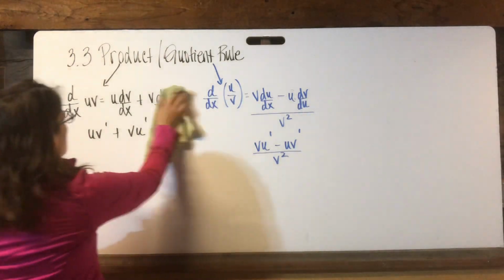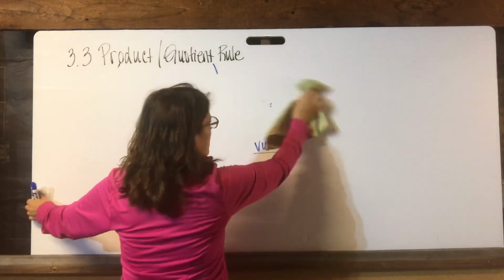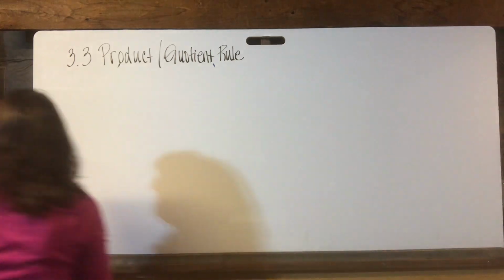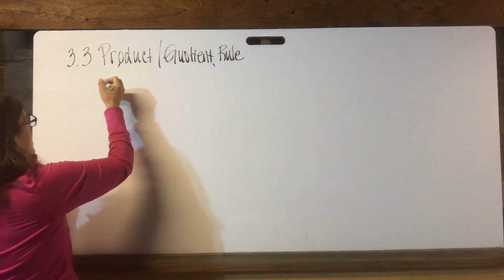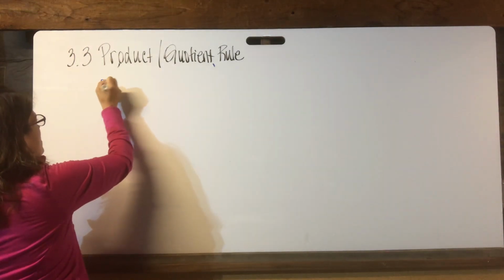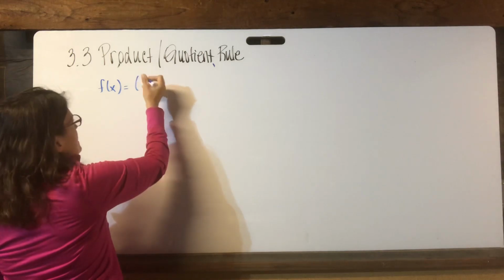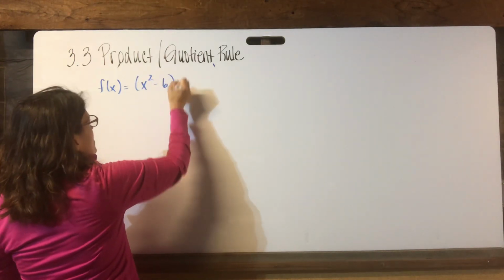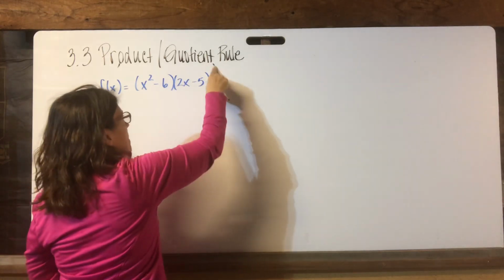So why would you want to use the product rule when you can just find the derivative by multiplying out? So what I mean by that is, if I give you some function that's differentiable, and let's say it's x squared minus 6 times the quantity 2x minus 5.